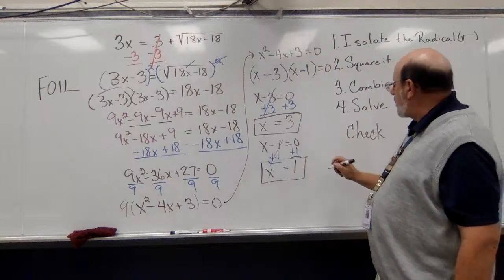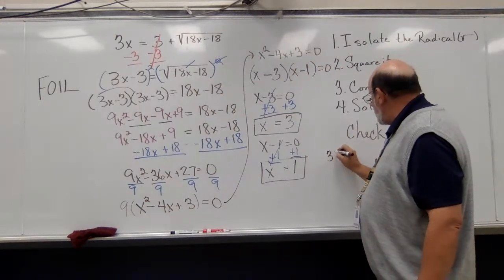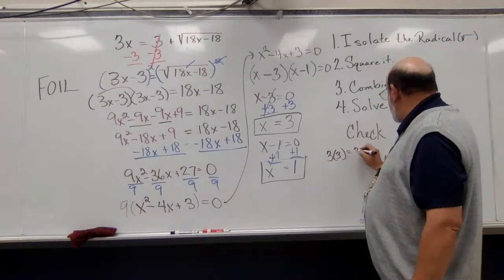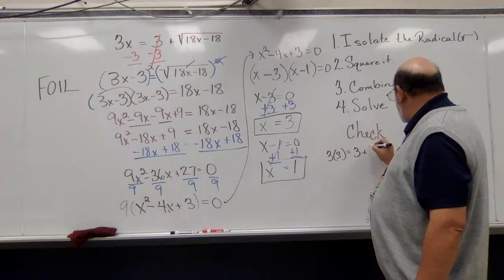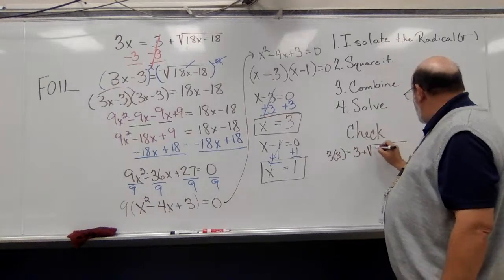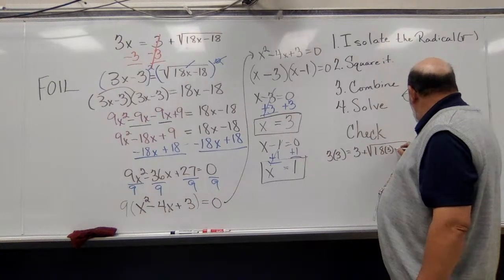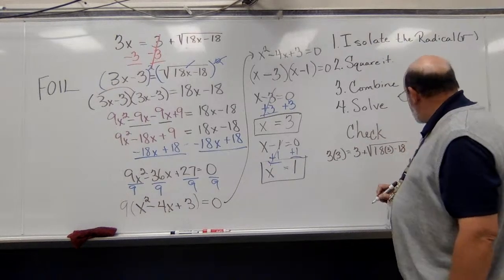So let's try it with 3. 3 times 3 equals 3 plus the square root of 18 times 3 minus 18, right?